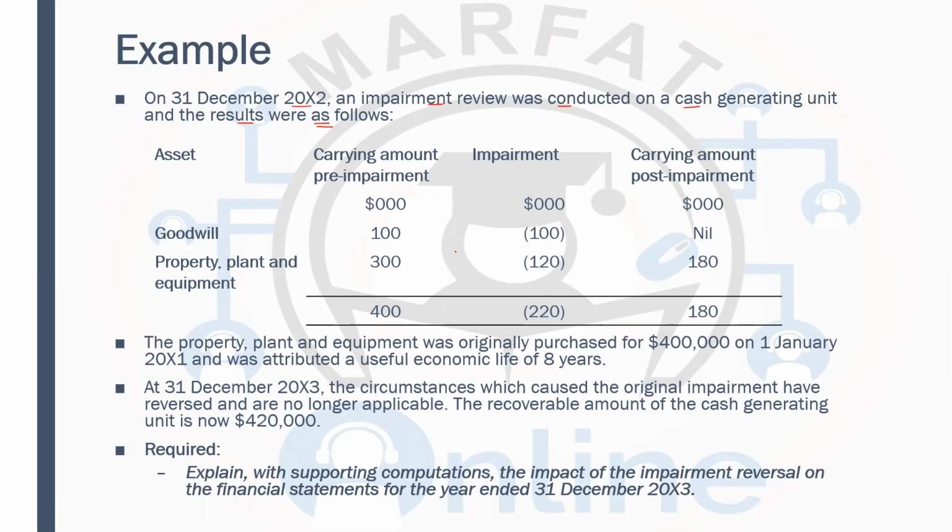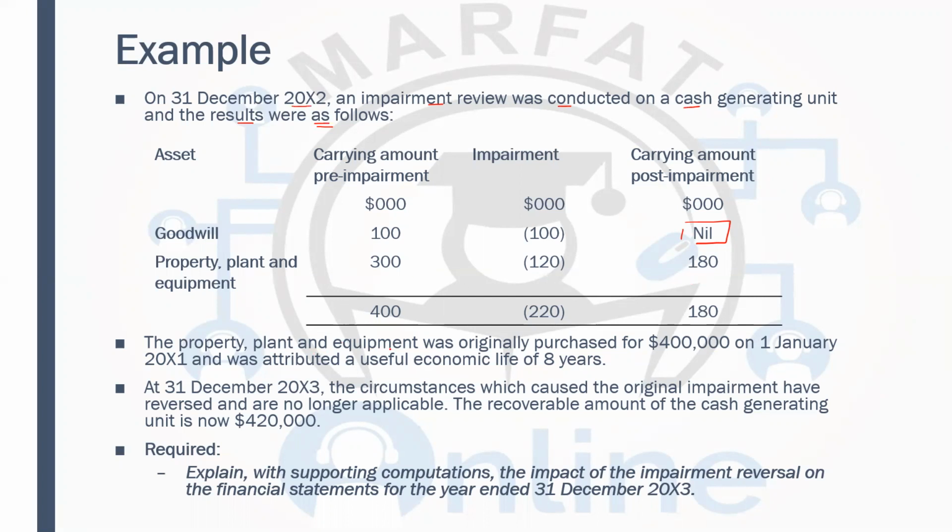So the goodwill was fully written off, no value now. And then we have the property, plant, and equipment. The carrying value was 300. The impairment recorded is 120, and now the carrying amount is 180. At what date? 31st December 20x2, right?